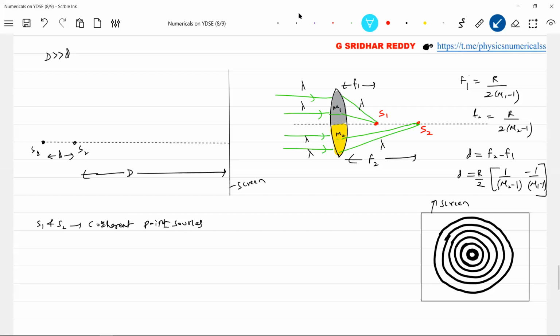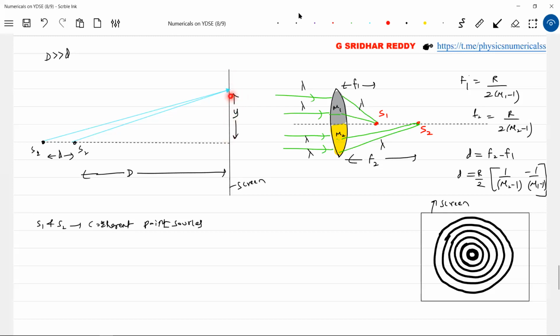Let me bring those two. Now look at this one. If this point is a maxima, then on the screen you go around in a circular path of radius y. Screen means what?